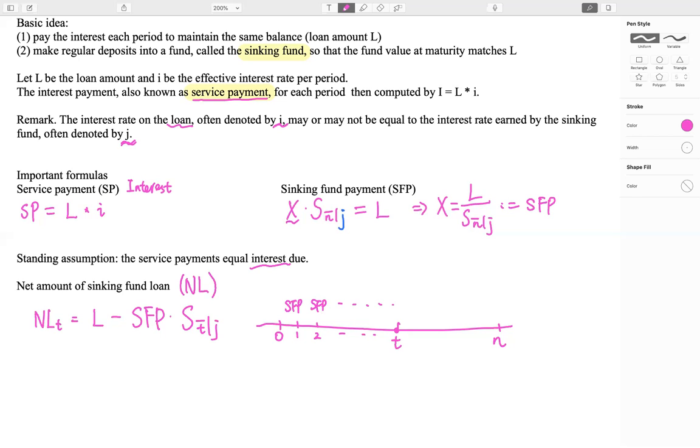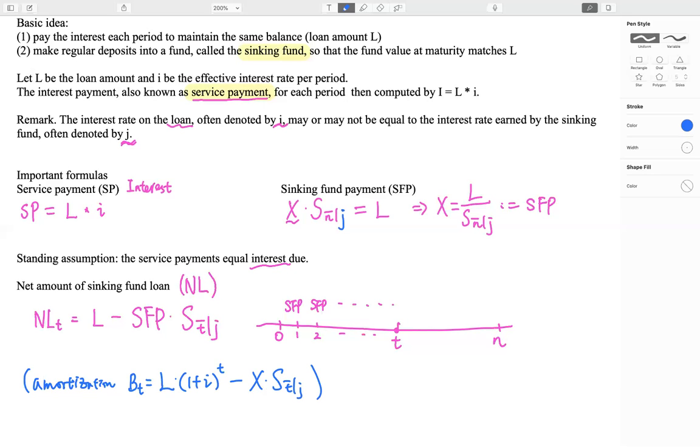let me use another color. Remember, under the amortization, what we do is L BT equals L times 1 plus i to the t, right? So the original loan amount grows from L to L times the accumulation factor by the end of t, and then you minus X times the accumulation factor.